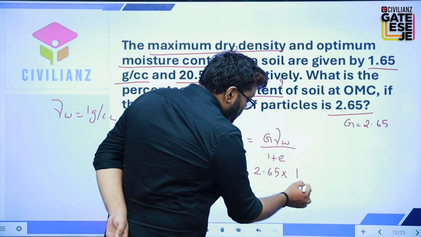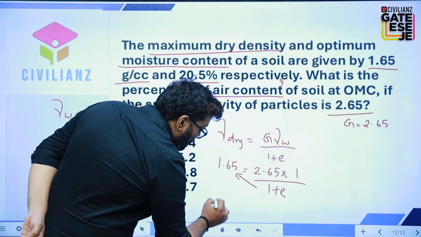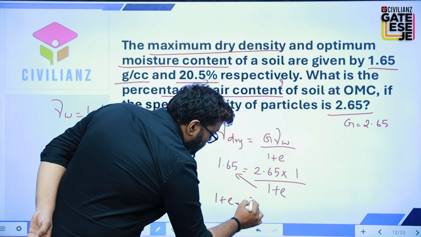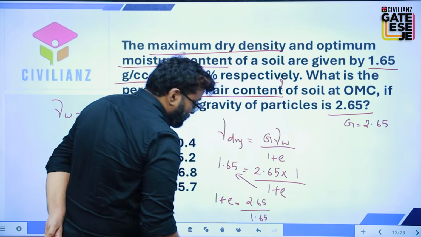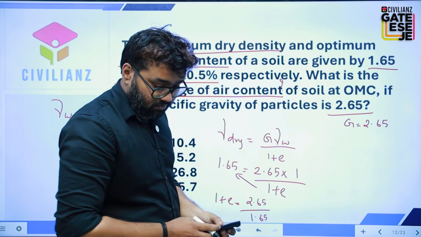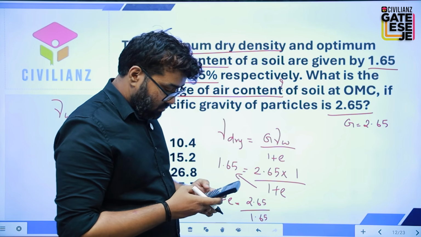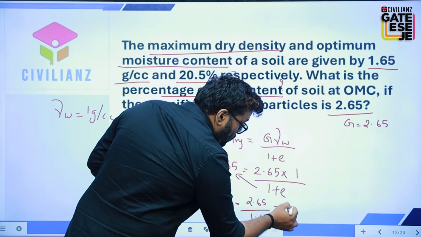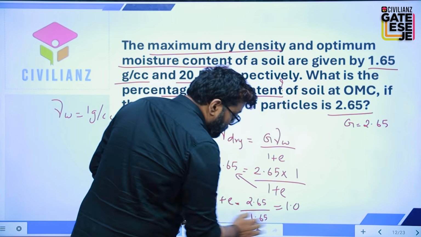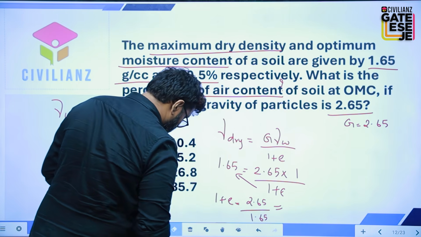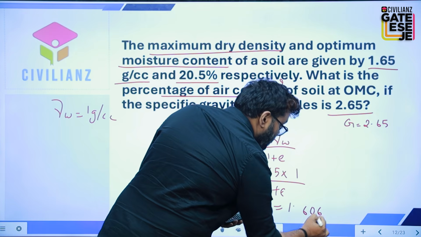So we can just cross multiply. 1 plus e is equal to 2.65 divided by 1.65, which is 1.606.